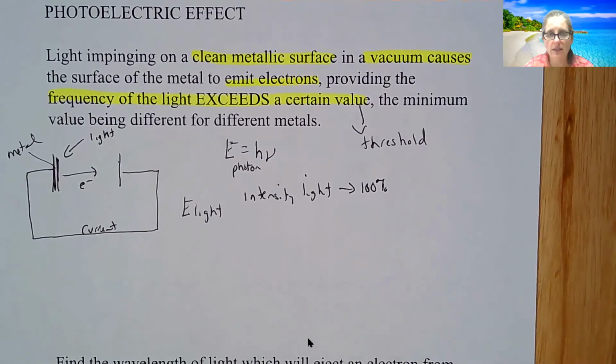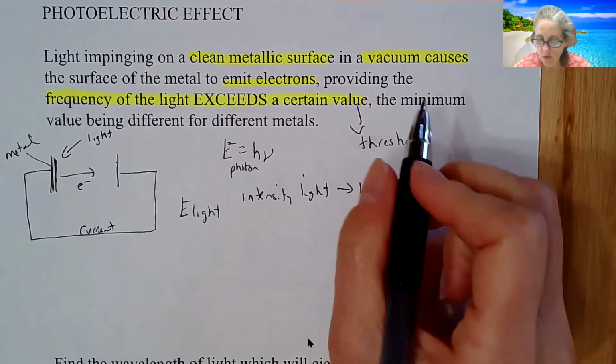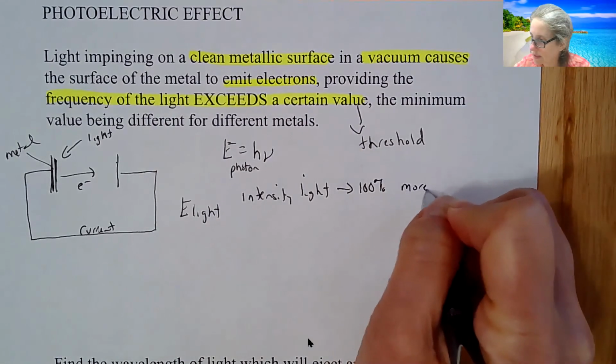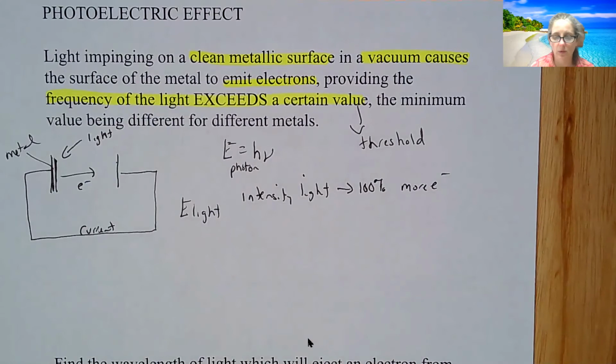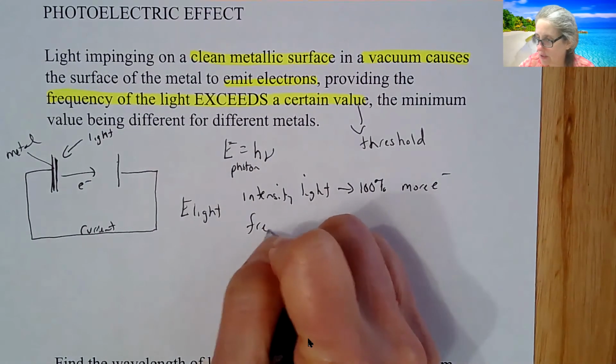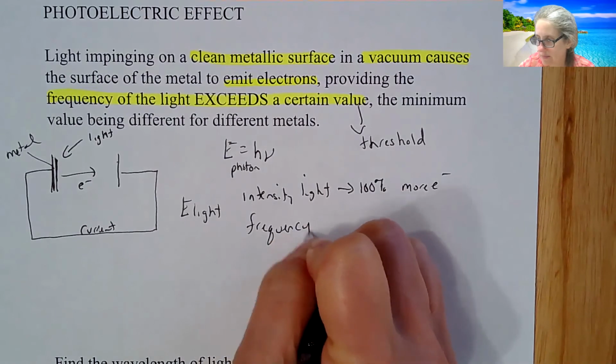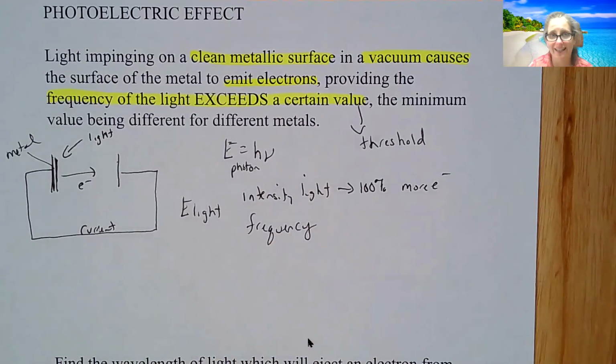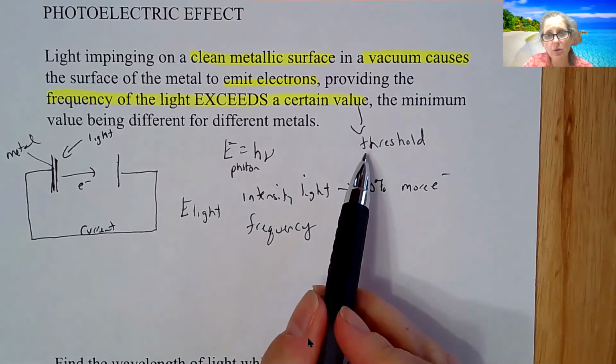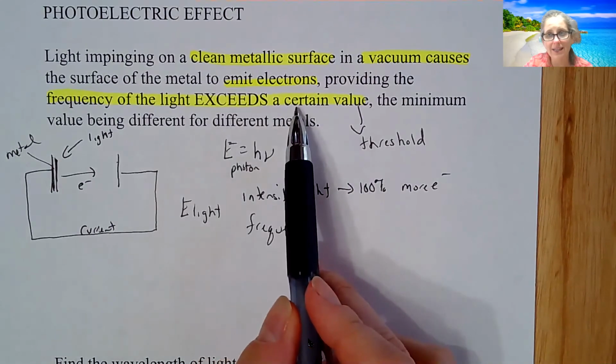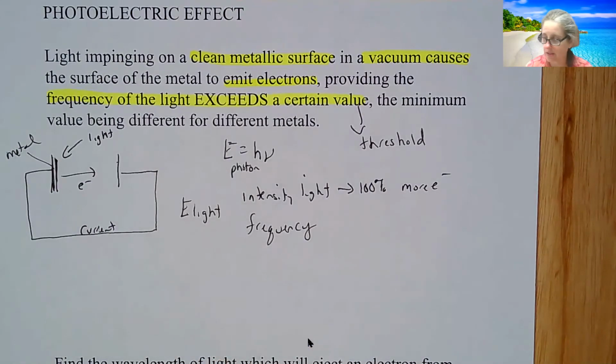If you change the intensity of the light, you will get more and more electrons to come out. But what's important about the light is the frequency. There has to be a particular frequency you have to hit, and that is the threshold frequency. Once it hits that, then you're going to get electrons to come out.